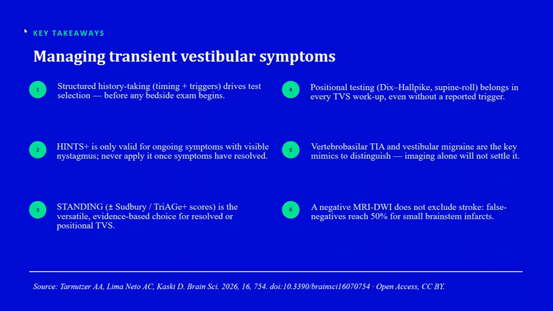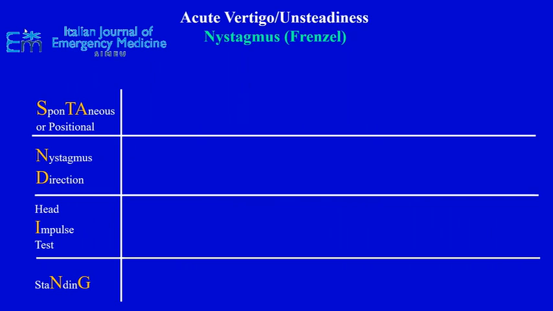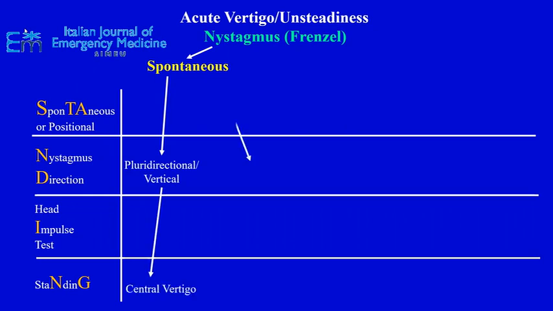So, my last slide is what the Italians use. The Italian Journal of Emergency Medicine published this a couple of years ago. They look at patients with acute vertigo and unsteadiness with Frenzel glasses and see if nystagmus is present or not. If the nystagmus is present and is spontaneous, pluridirectional or vertical, it is a central vertigo.